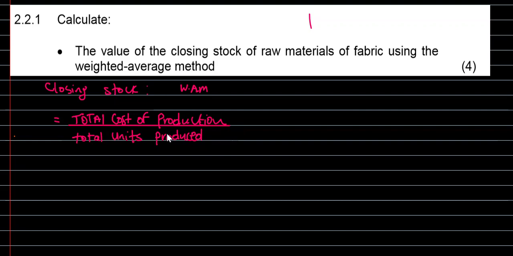And now we take all this, the numerator and denominator, and multiply it by the closing stock.